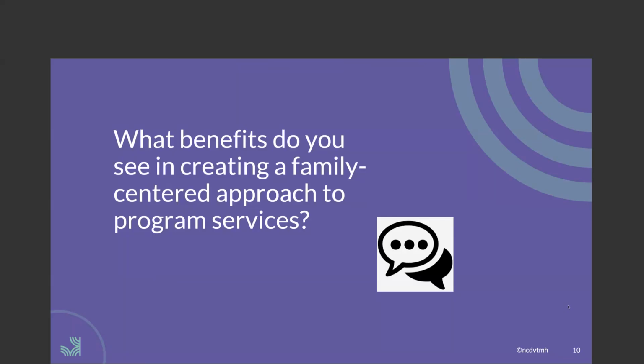Yes, and then the last commenter was saying that in providing family-centered services, we're looking at the impact on children and what they've been through and really being able to focus on that at the same time as we're focusing on the survivors. Yes, absolutely.